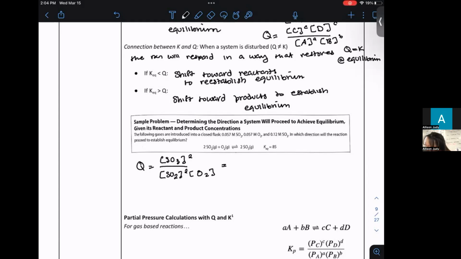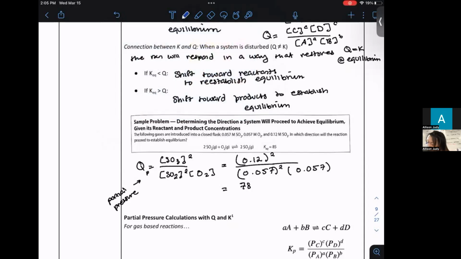And sometimes what we do is write Q little p to represent partial pressure as indicative of concentration for a gas reaction. It would be 0.12 squared all over 0.057 squared times 0.057. And you would get a value of 78 for Q.